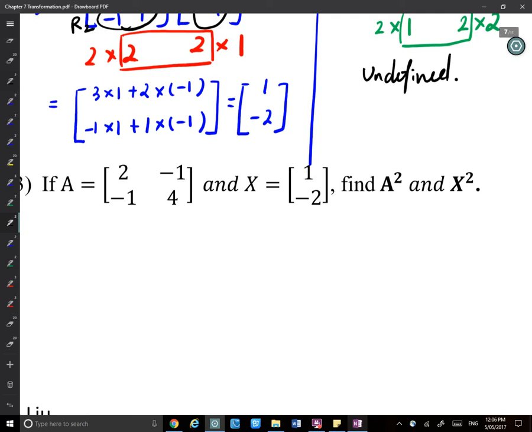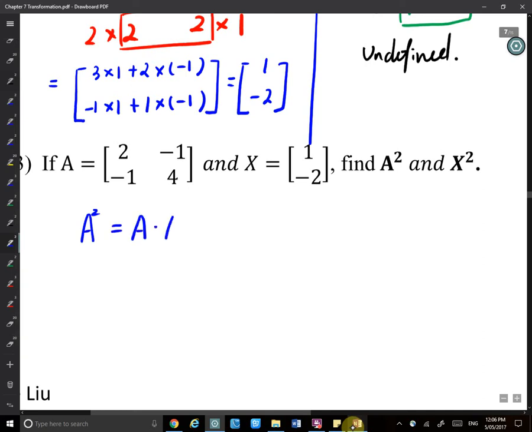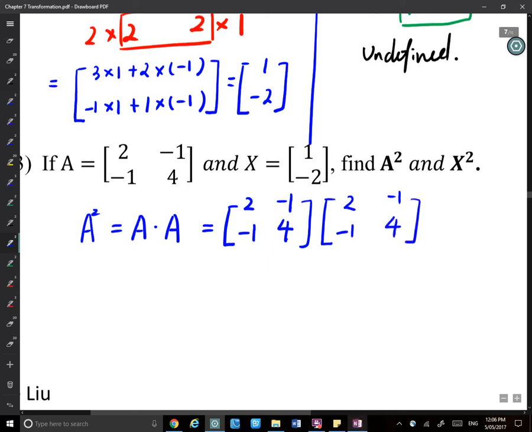Okay, last one. If A equals to that, X equals to that, I want to find A squared. So A squared equals A times A. And that equals 2, minus 1, minus 1, 4 times 2, minus 1, minus 1, 4. Itself times itself.